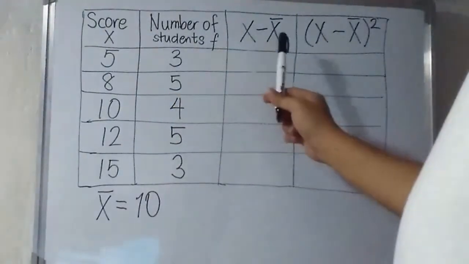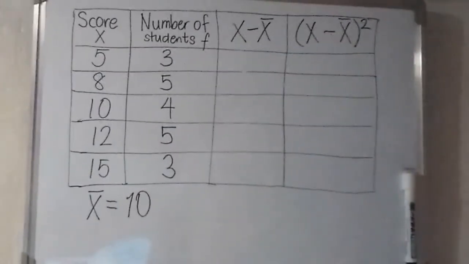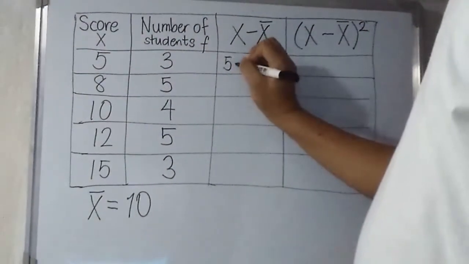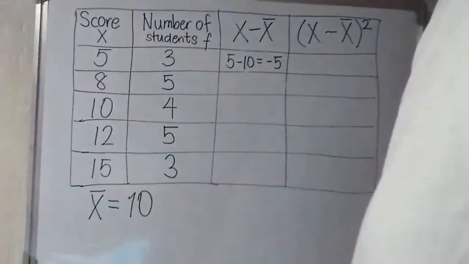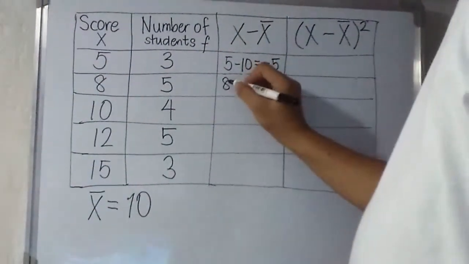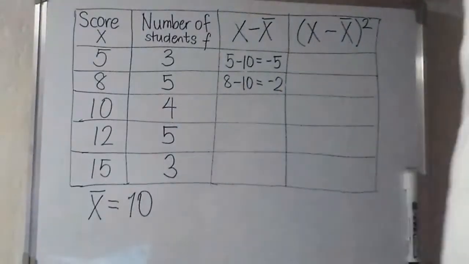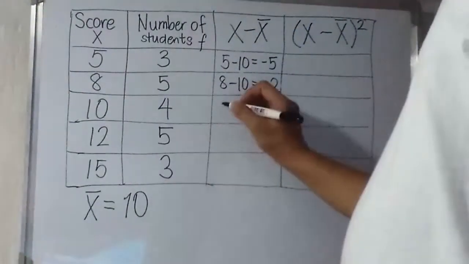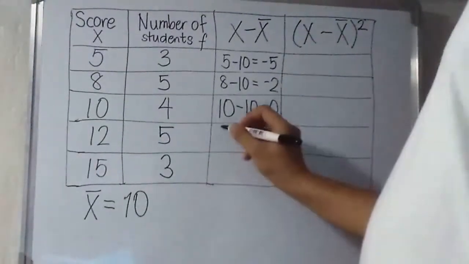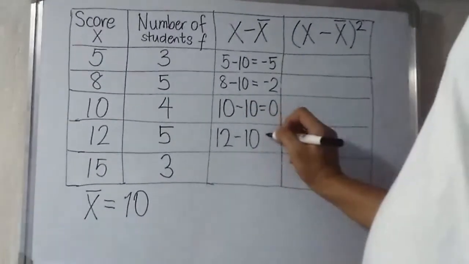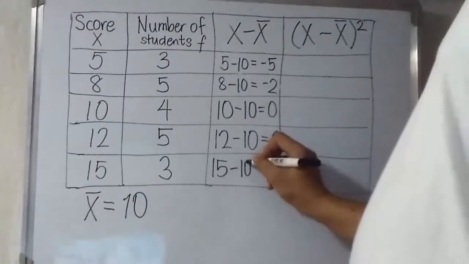X, or the score, minus the mean, or 5 minus 10, is negative 5. 8 minus 10 is negative 2. 10 minus 10 equals 0. 12 minus 10 is 2. 15 minus 10 is 5.